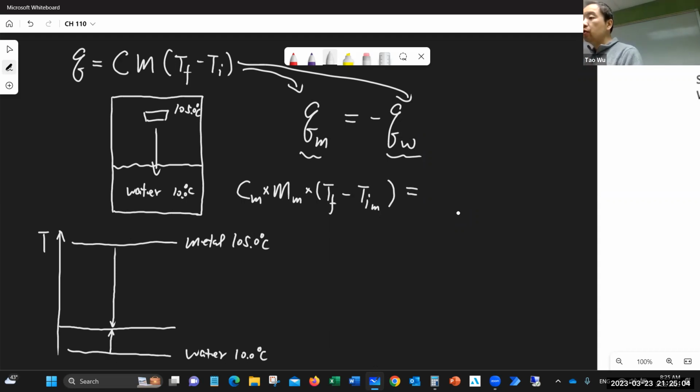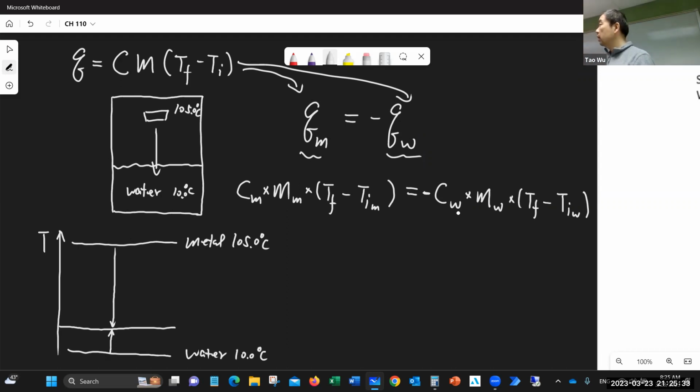Then this should also be equal to the negative of the specific heat of the water, right? The equation works no matter what kind of material, as long as those are fitted. Specific heat of water, times mass of the water, times the final temperature of the water subtract the initial temperature of the water.